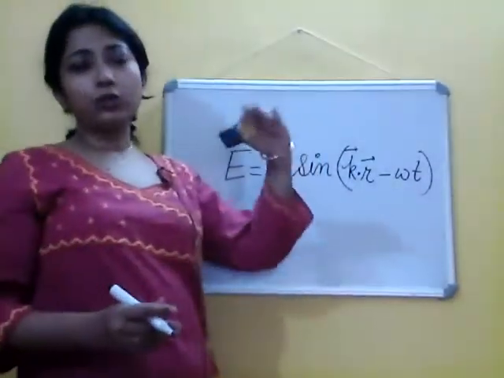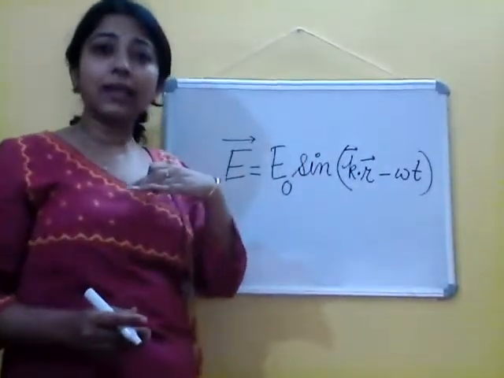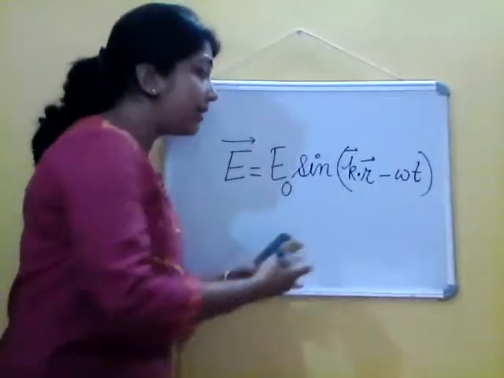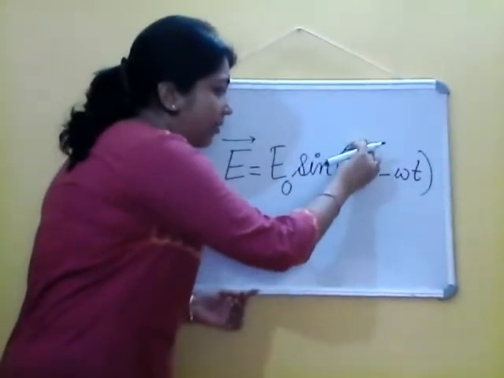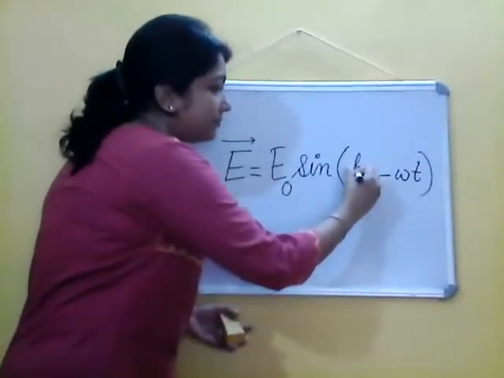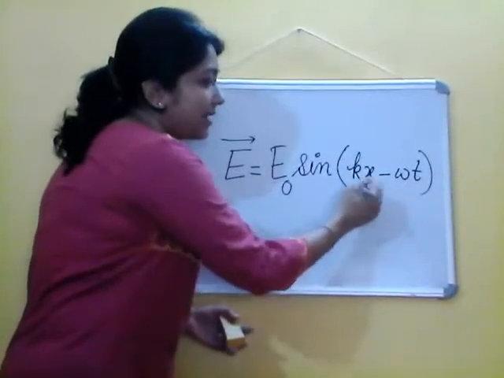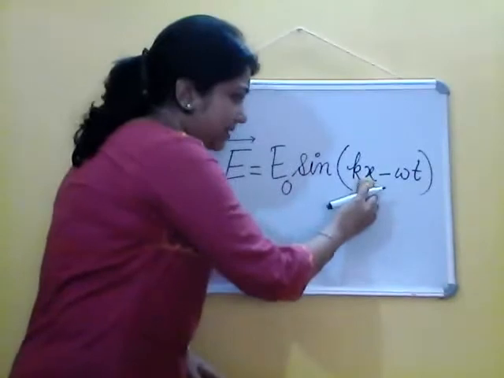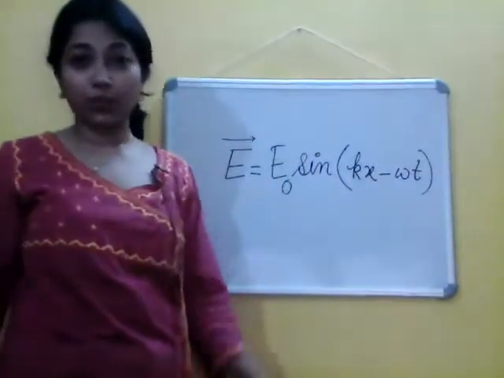However, if I want to simplify and write it as if it is only moving along the x-axis, I will only have the component kx and x.